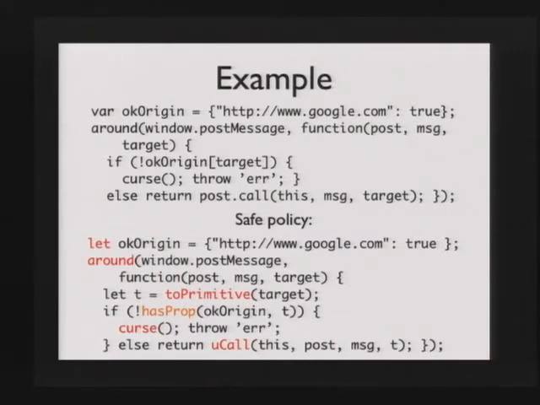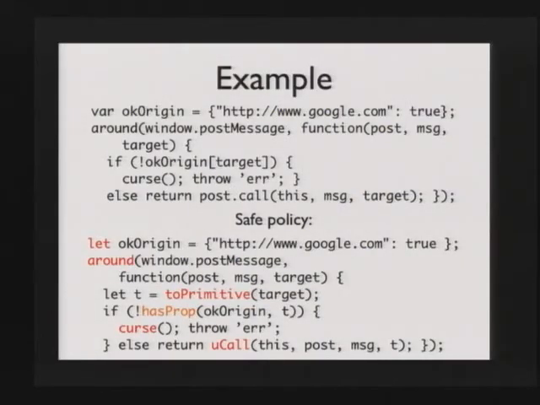So what would be a safe policy for ConScript? In their paper, they define some new constructs. For example, the toPrimitive makes sure that you first convert the target to a primitive, for example, to a string. And so you would not allow the first attack vector because it is only calling toString once.